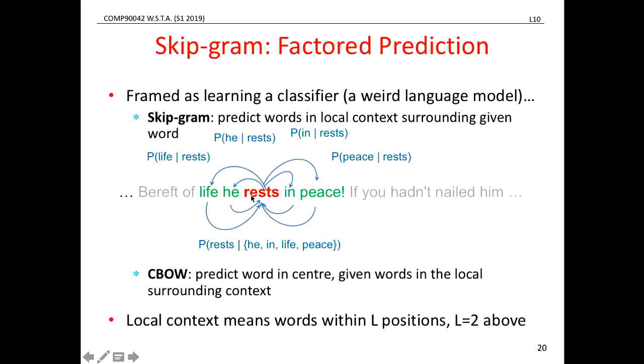These are four positive examples of words that occur in the context. You can think of this a bit like a language model, like a bigram language model. It's just not running left to right anymore. It might be predicting one or two to the left, one to the right, two to the right, and so forth. But by and large, you can think of it as a bigram language model trained in a slightly quirky way. That's called the skipgram model.